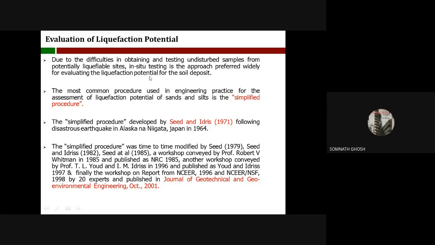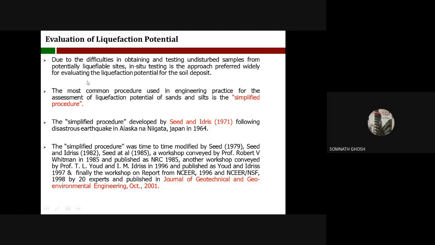It is not always very easy, right? But unless we know the soil properties fully, it is not really possible to evaluate the liquefaction potential. That is very important.